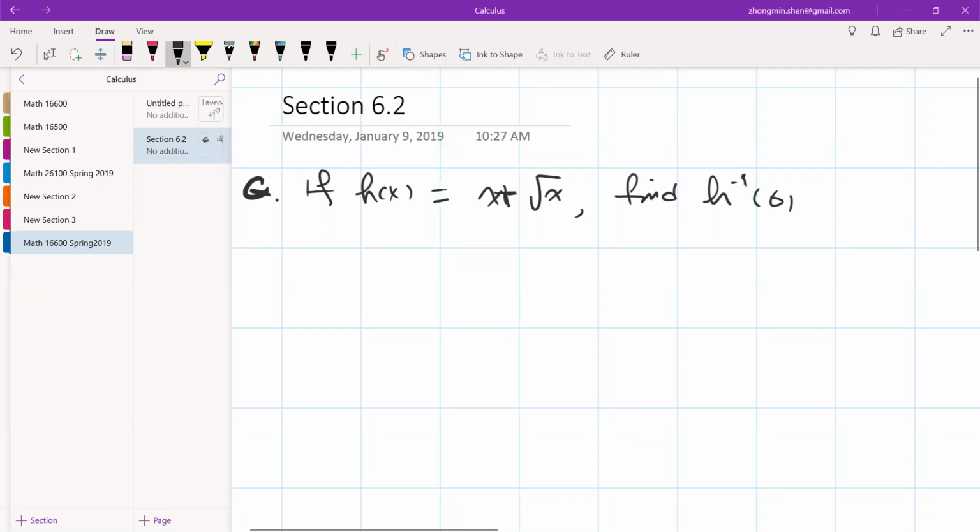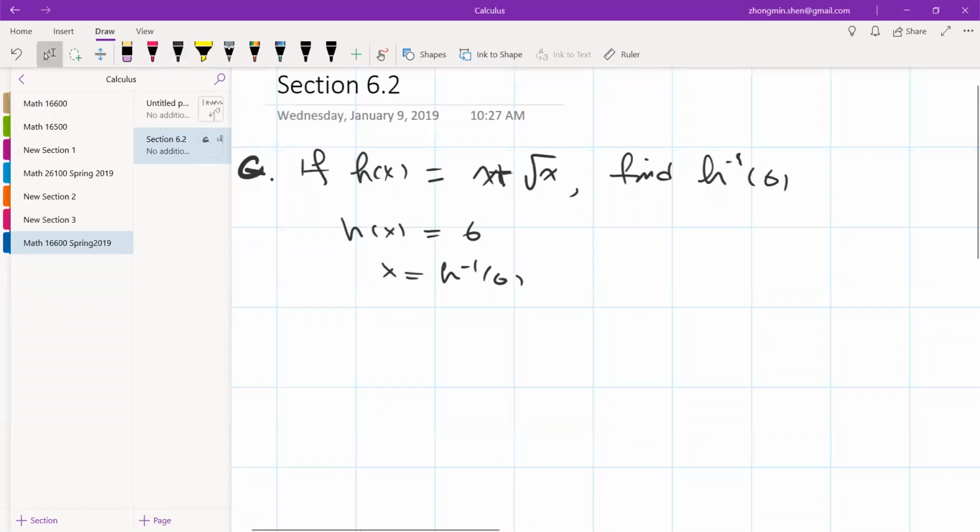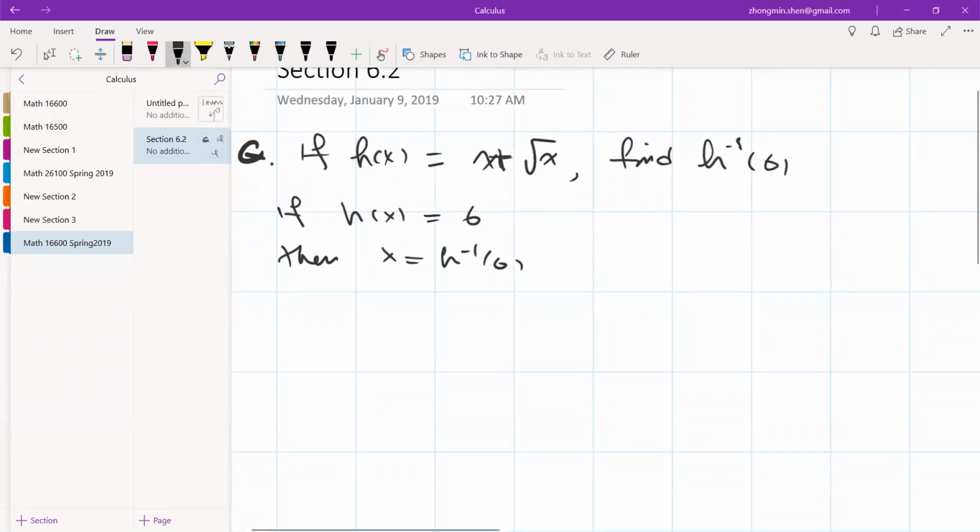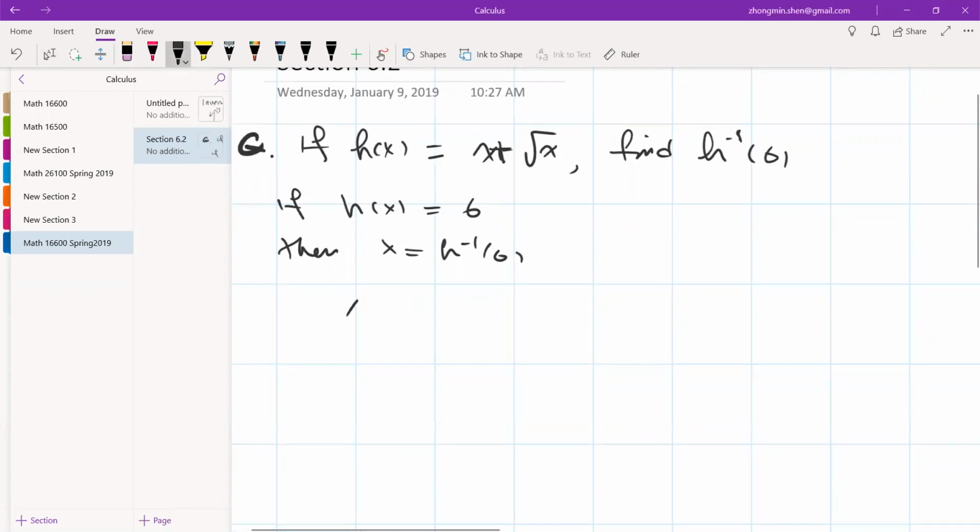If you are able to solve this equation for x, then the value of x will be the value of the inverse at 6. That's a key point. So all you have to do is solve this equation.